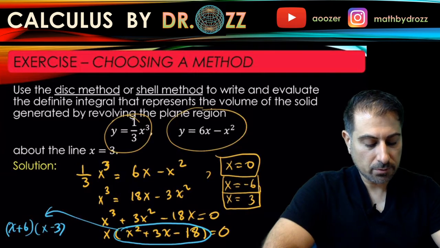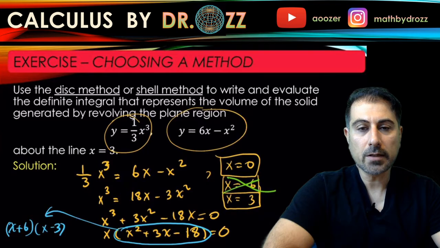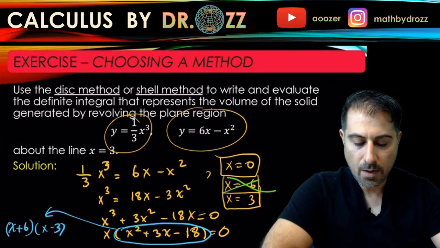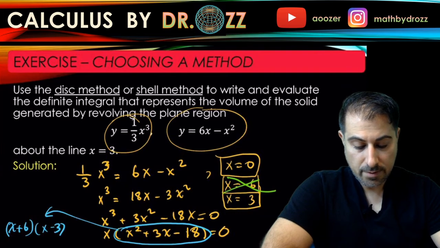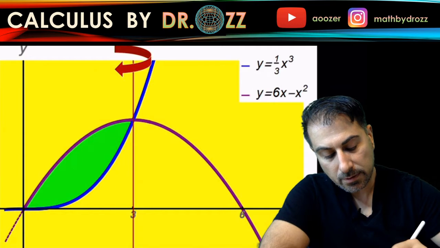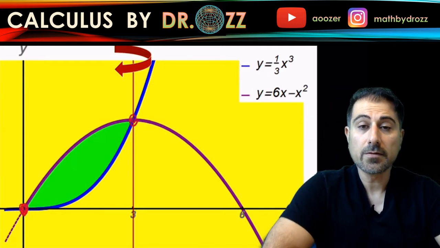We have x equals 0 and x equals 3. Please plot in your graphing calculator; you can pause the video anytime. I'll show you what I got. As I said, the intersection points needed for this problem are 0 and x equals 3, a vertical line.